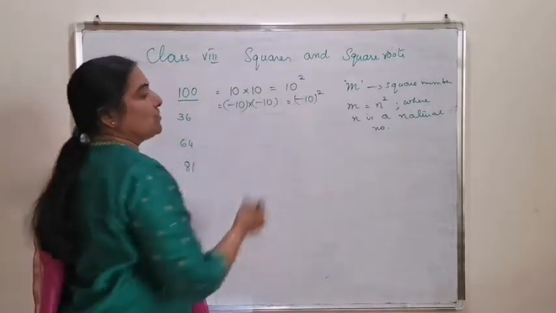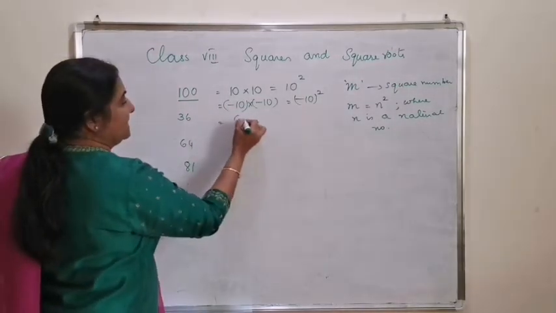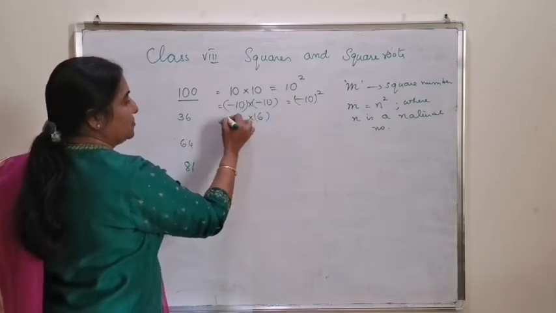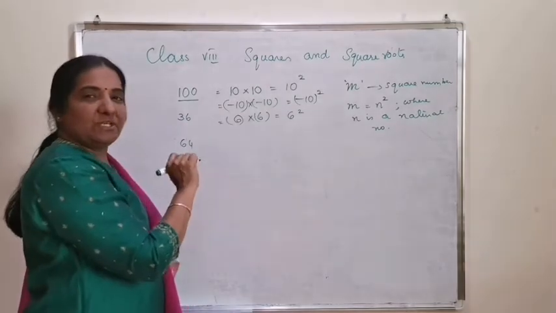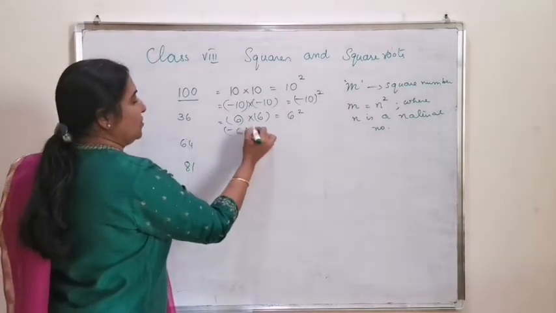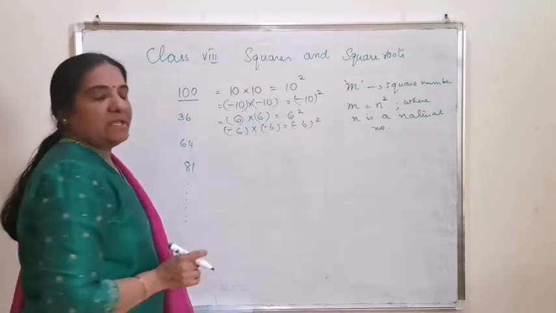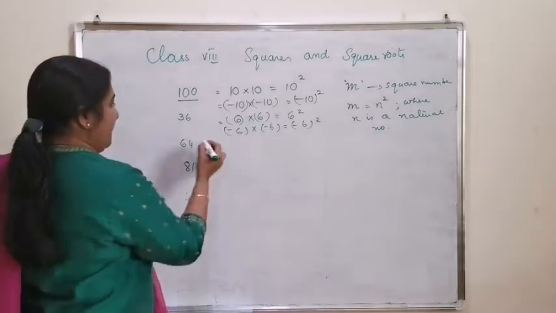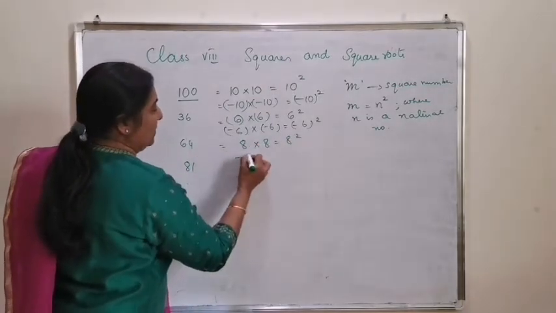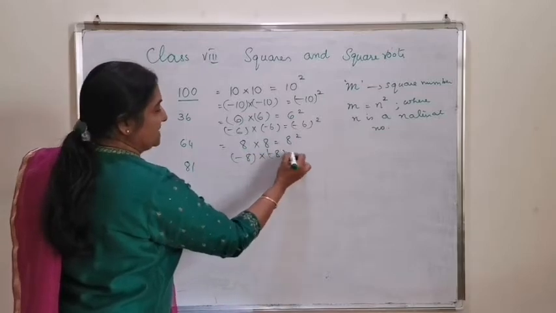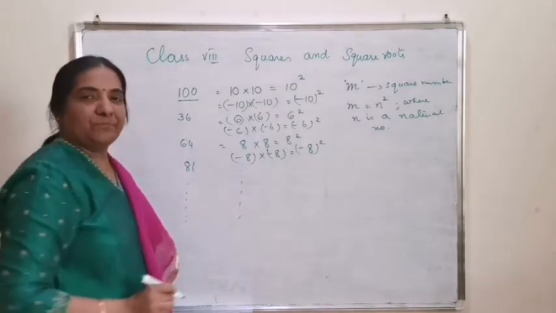Minus 10 the whole square is also 100. 36 can be written as 6 into 6 or 6 square, where 6 is a natural number, whereas it is also the product of minus 6 into minus 6, the whole square. 64 is 8 into 8, 8 square, or minus 8 into minus 8, minus 8 the whole square, and so on.